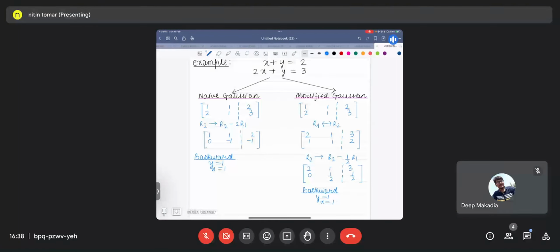Even though we're modifying the method, it turns out it could be expensive for some particular linear problem. Do you get my point? So this can be thought of as a drawback of the modified Gaussian method.